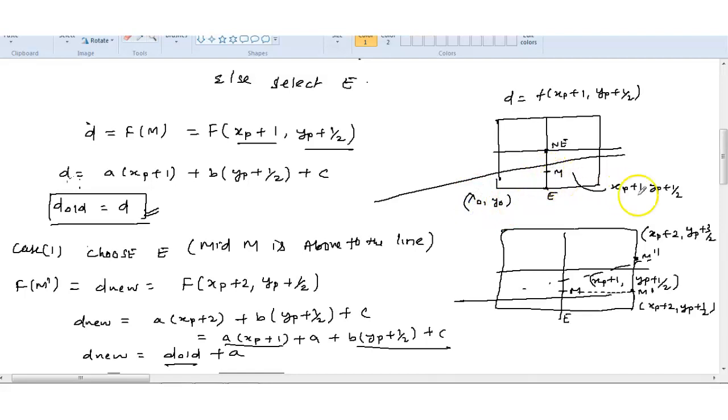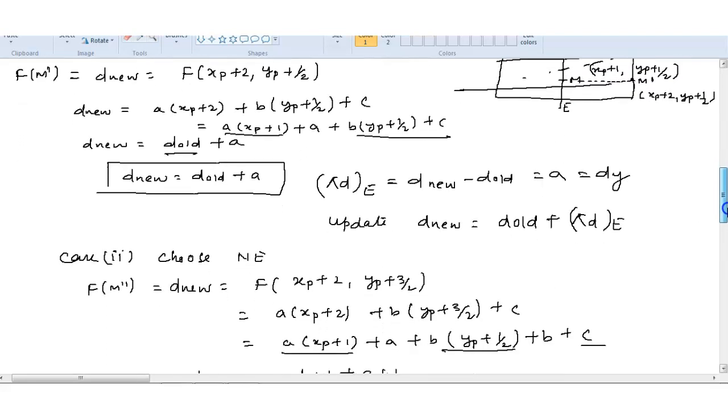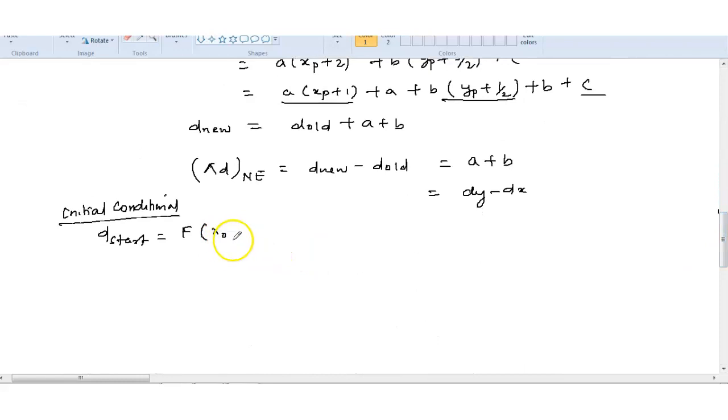So the next midpoint will be x naught plus 1 and y naught plus half. If we substitute this coordinate in the equation of a straight line, a into x naught plus 1 plus b into y naught plus half plus c.